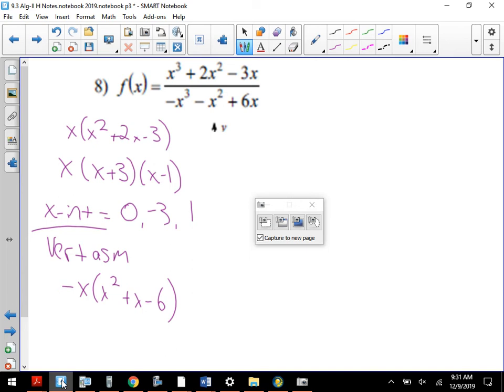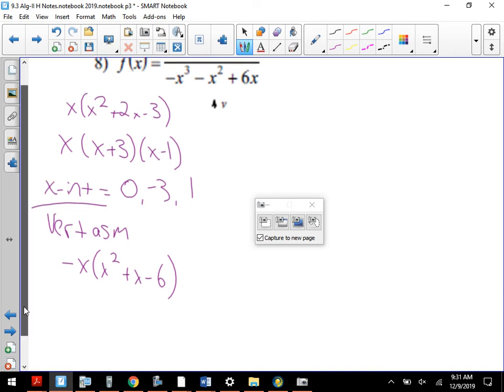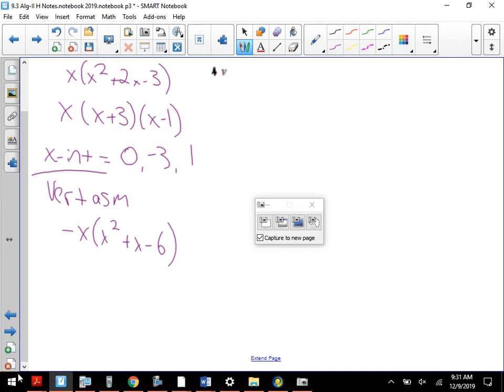That's not fun. That doesn't change my 0 here. My 0 there is still going to be at 0. So I have a vertical asymptote at 0, and when I factor this out, I get plus 3 minus 2. So my vertical asymptotes are going to be at x equals 0, -3, and 2.